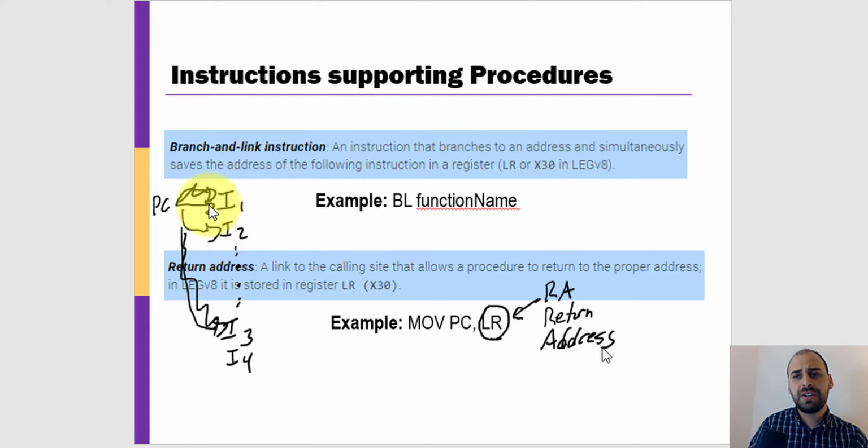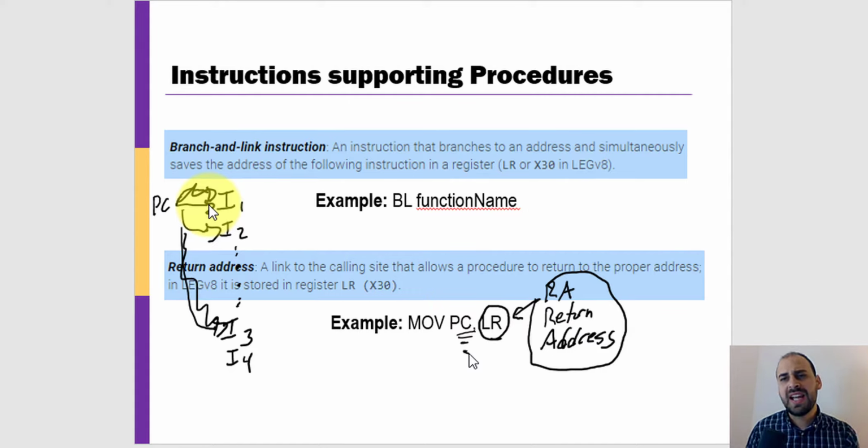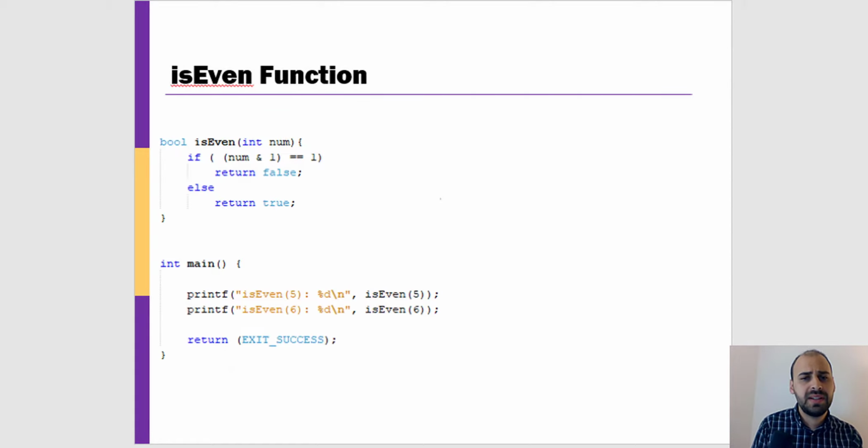We need to return to that location. This keeps track of that location, and we're going to update the program counter to say, hey, jump back to this location. Now I'm going to trace this in a moment. You're going to see this in action. We're going to actually look at the registers and see it. I think that will let it sink in when you actually look at a real example and you see that happening. So let's look at a real example.